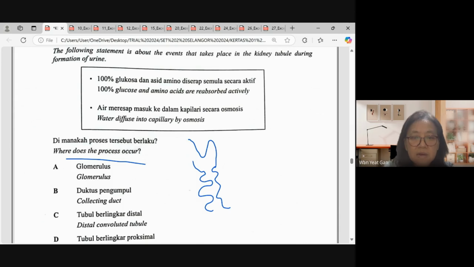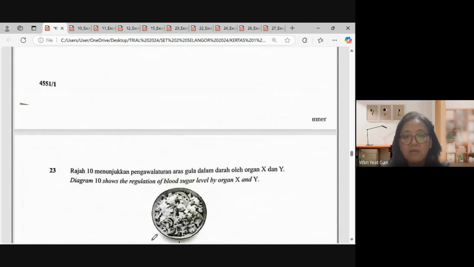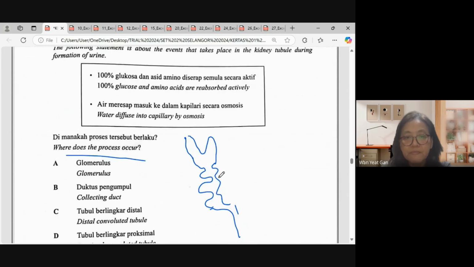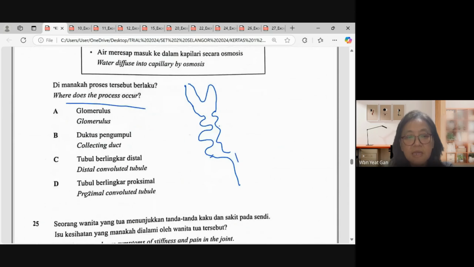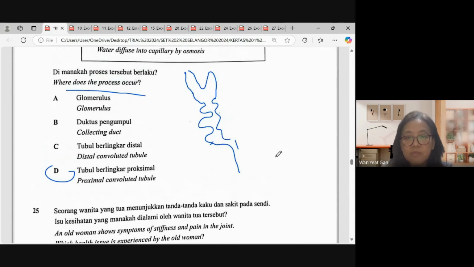Once it goes down to the loop of Henle, all the glucose and amino acid would have been reabsorbed. So the answer is D, proximal convoluted tubule, which is the tubule that is nearest to Bowman's capsule.